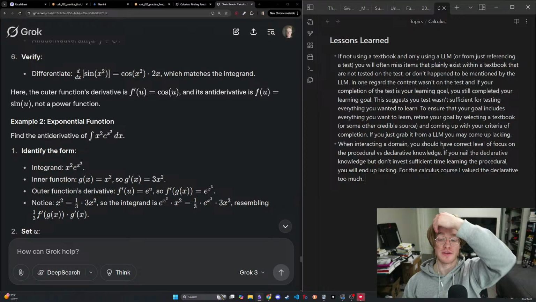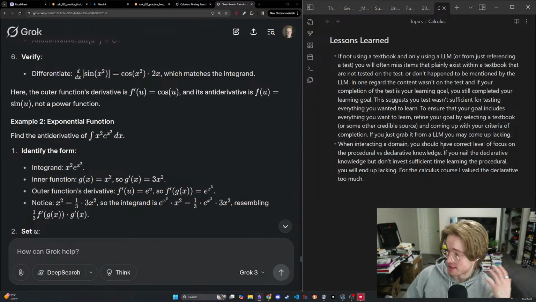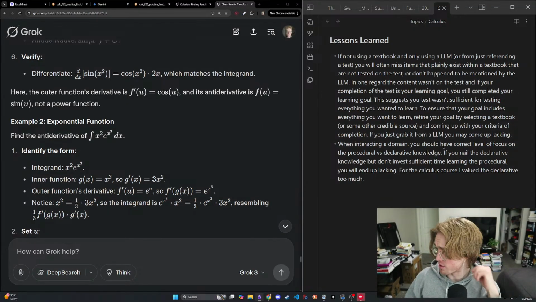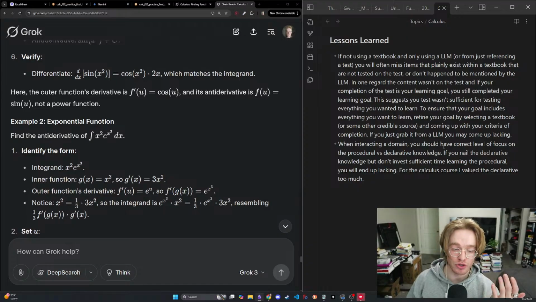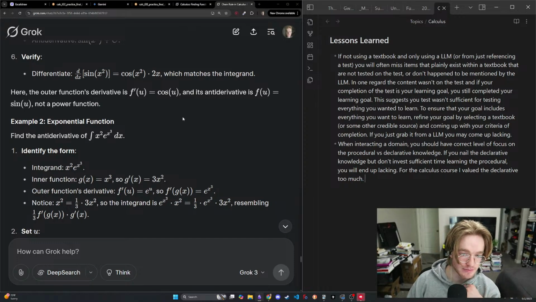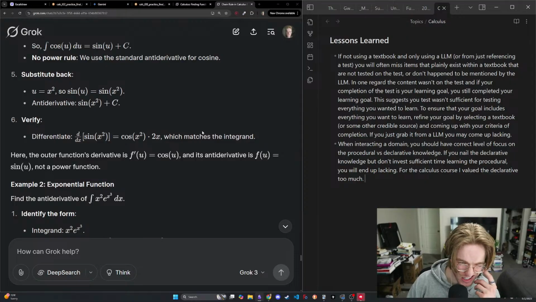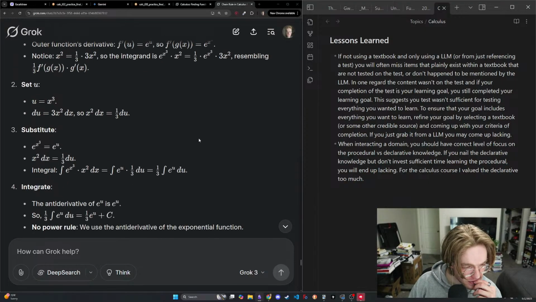The declarative is like conceptual stuff, whereas the procedural is like, okay, you know what the power rule is, so do the power rule. And I found that I'm still honestly a little resistant to doing the procedural stuff, maybe because I like the cognitive and ideas aspect of it more, but who knows?